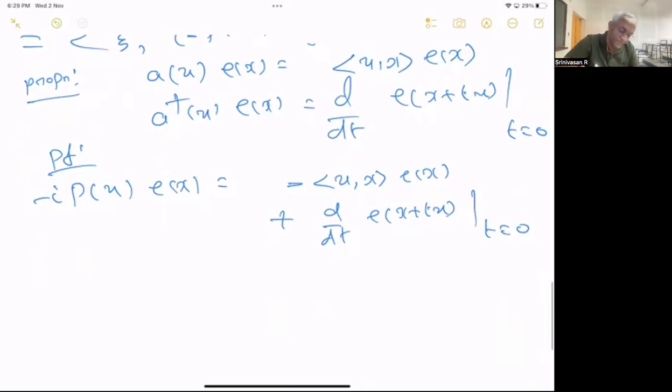Unfortunately I wrote capital V and confused the whole thing, because I used u and v. These should be small v. I'm sorry.